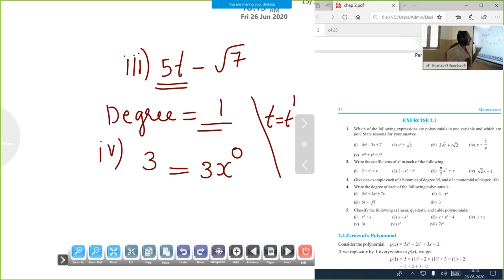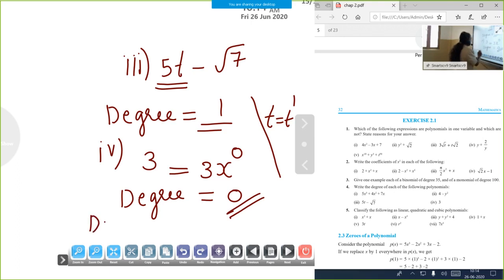So 3 into 1 is 3 itself. So we can write 3 equals 3x raised to 0. So what is the degree here? Degree equals 0.